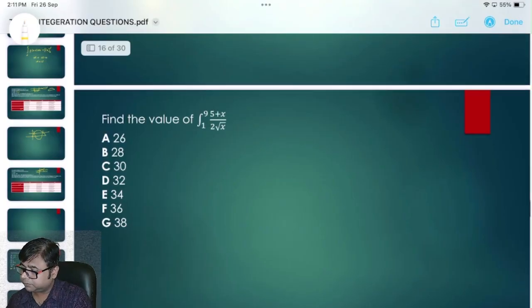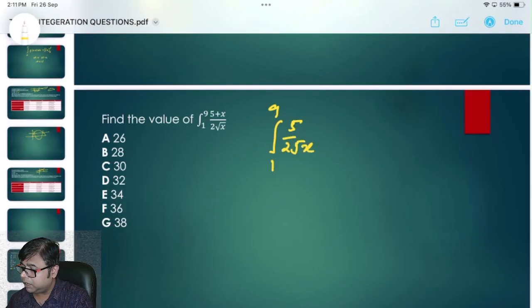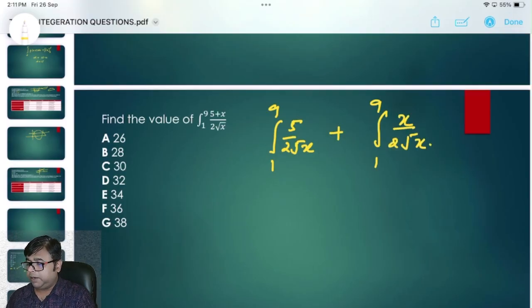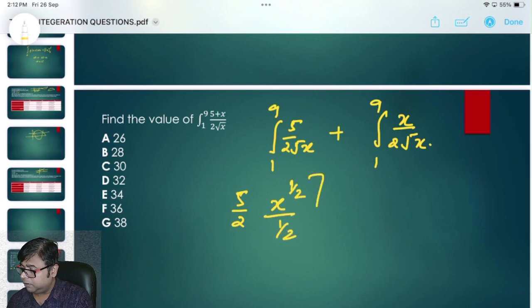Again a similar one. So first I'll separate integral 1 to 9, 5 upon 2 root x, plus integral 1 to 9, x upon 2 root x. So 5 by 2 goes outside, constant, and this is x to the power minus half. So the integration of this will be x to the power half upon half, limits from 1 to 9, and this again is root x only.